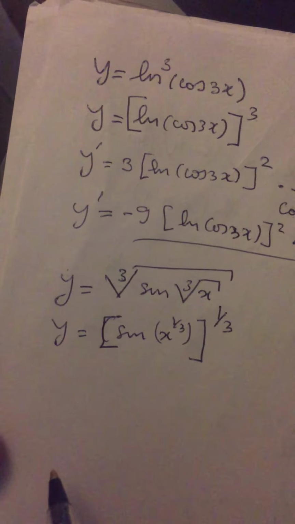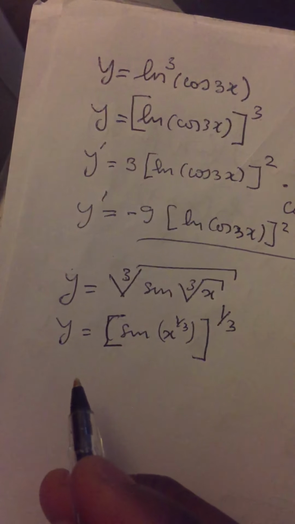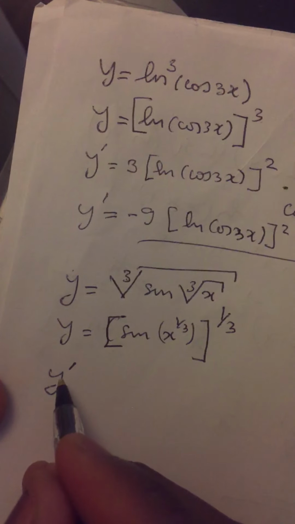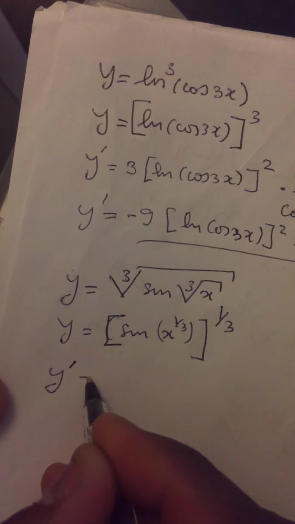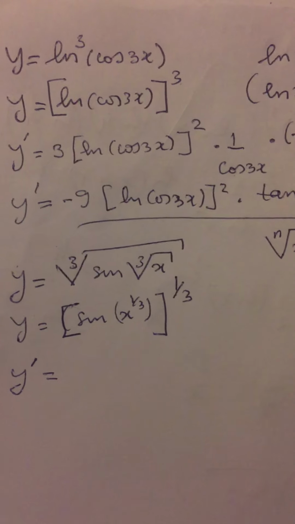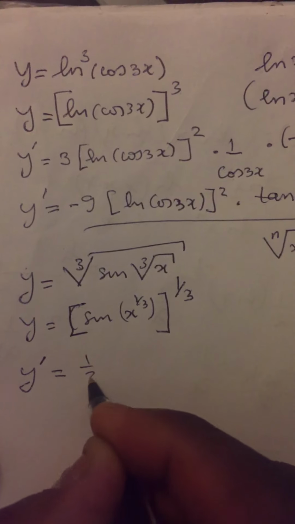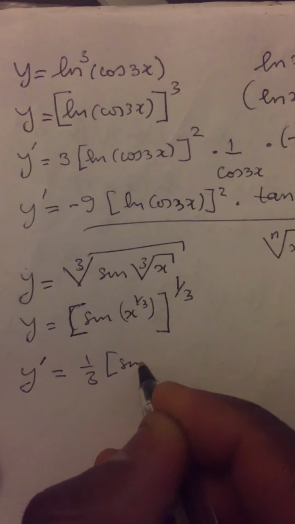From here, I start differentiating. When I start differentiating, I show that it's y prime, or dy over dx. What comes first? I deal with the exponent, and everything else remains the same.